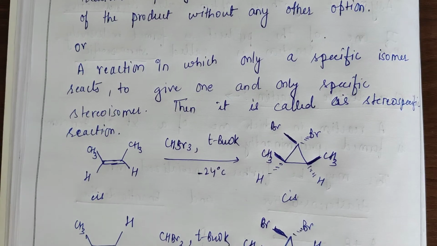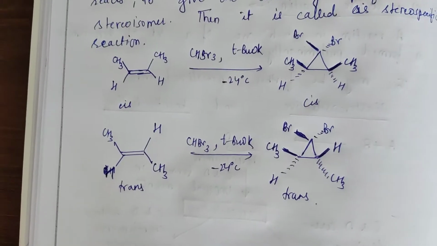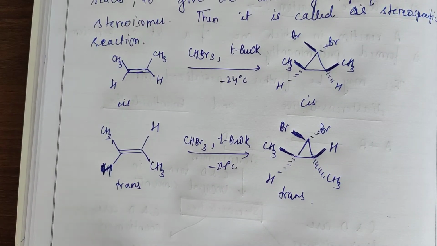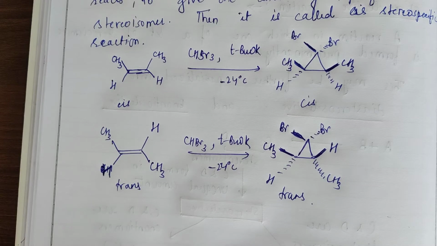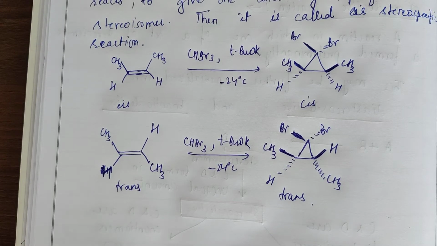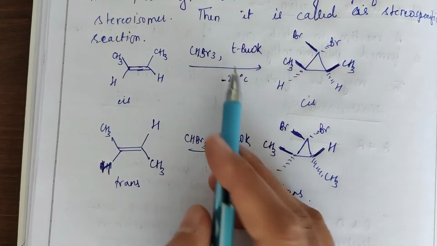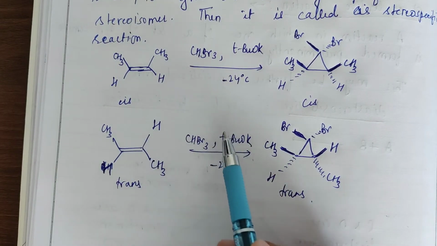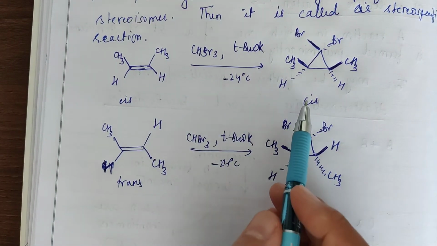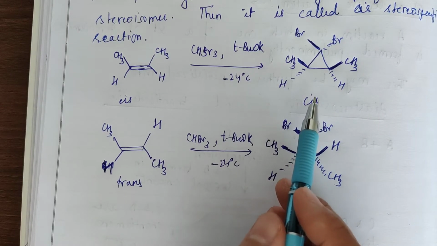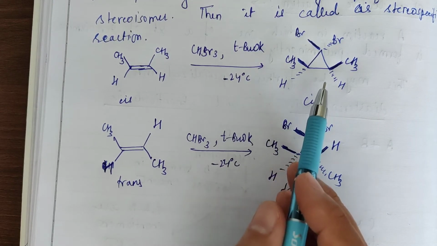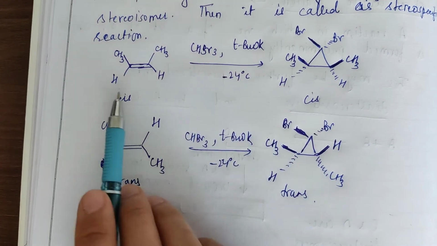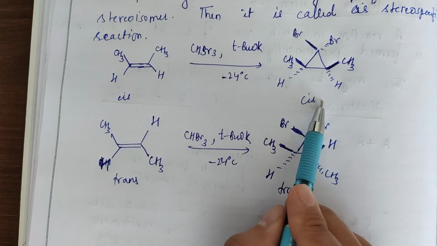For example, let's take these cis and trans 2-butenes. Both of these are reacting with the same substrate under the same conditions, and we are obtaining a tricyclic substituted product. In case of cis, the product is also obtained as cis.